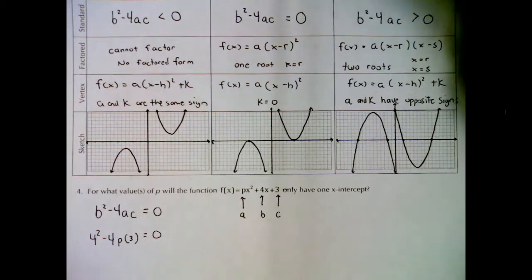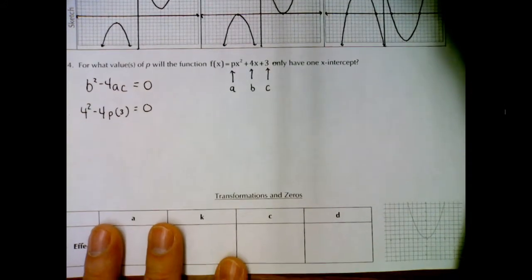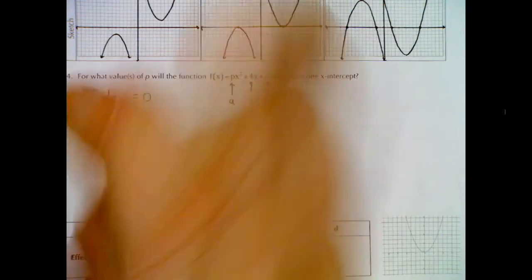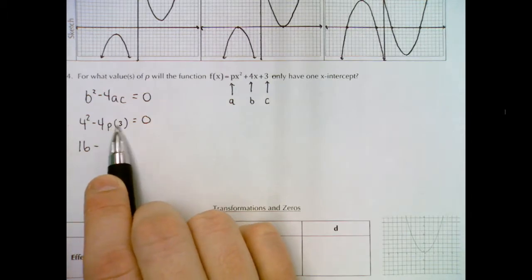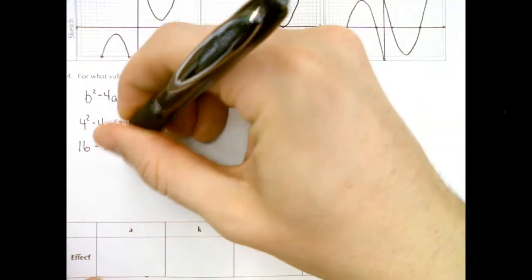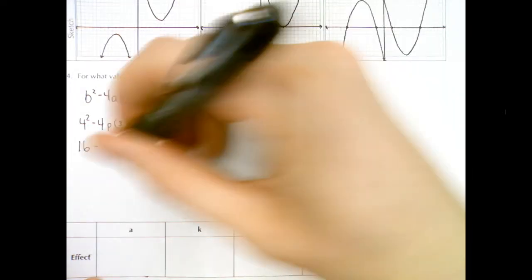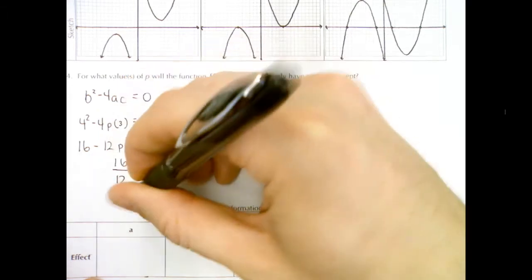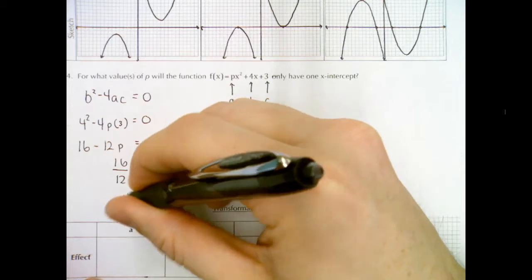You can solve it, and then I'll tell you exactly what p would only give us one x-intercept. So move this back down. So let's solve it out. 4 squared is 16, and negative 4 times p is negative 4p times 3 is negative 12p. I'm going to add 12p to both sides, divide by 12, and reduce my fraction. If I divide top and bottom by 4, I get 4 over 3.